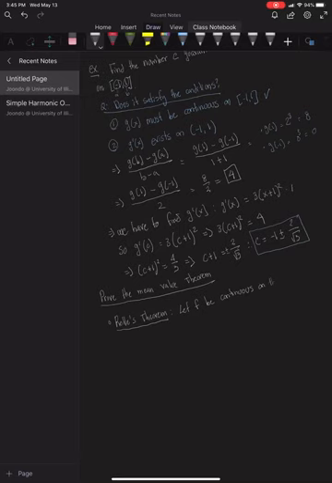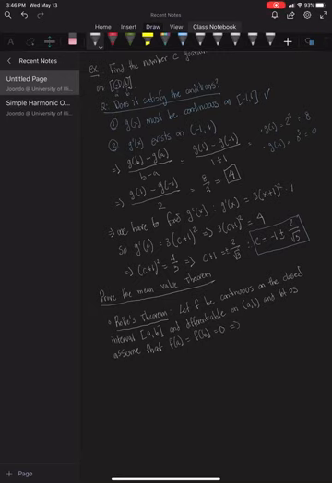On the closed interval, and differentiable on A and B. And let us assume that f of A equals f of B equals 0.